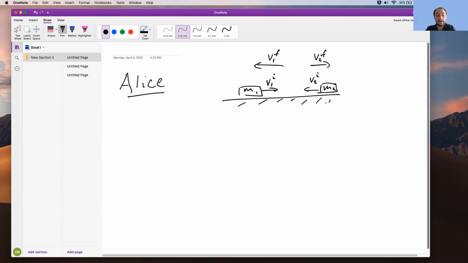While that change took place, there is an interesting combination that just happens to remain unchanging. She found that this combo right here, M1 V1 plus M2 V2, stays unchanging with time.